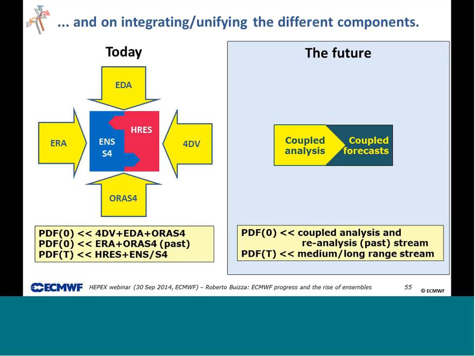But we are working to try to include the river routing and so close the water balance in our atmospheric model, because it's clear that especially if we want to make good seasonal forecasts, there are areas of the world where it's essential to have the right freshwater flow into the oceans.